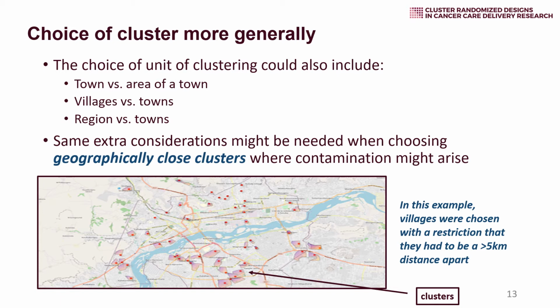And here some extra considerations might need to be thought about, especially when those geographical areas represent close clusters. Here, contamination might arise. In this example, village was the unit of clustering or the unit of randomization, and the villages were chosen with a restriction that they had to be more than 5 kilometers apart from one another to prevent contamination.